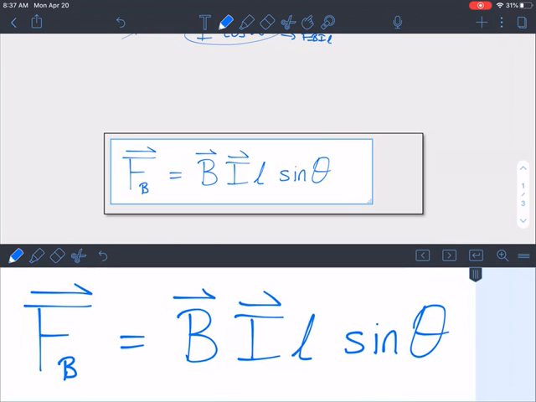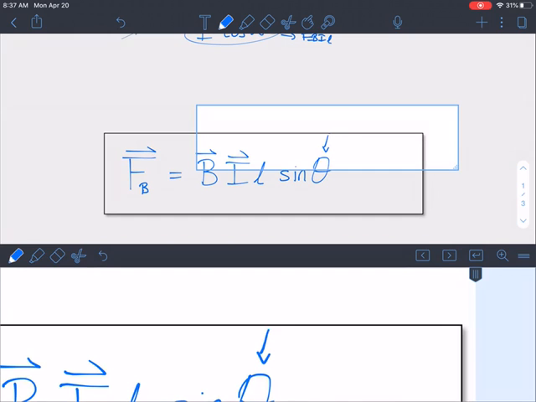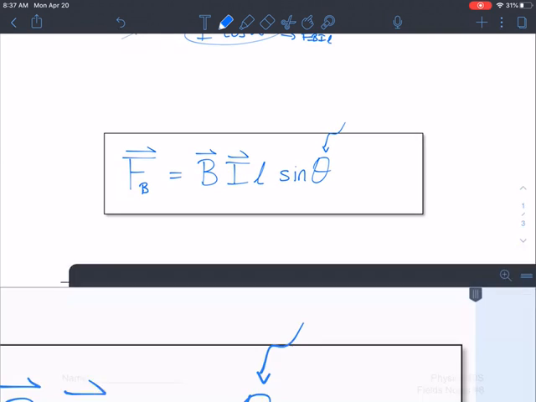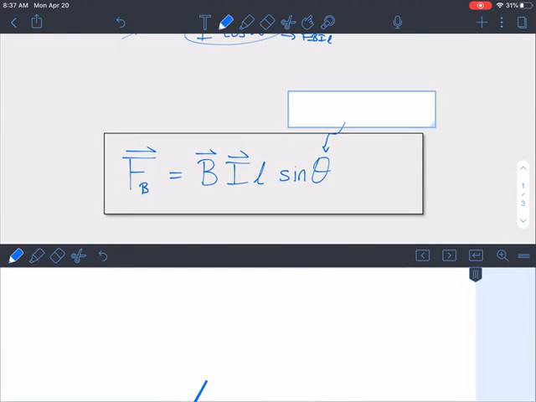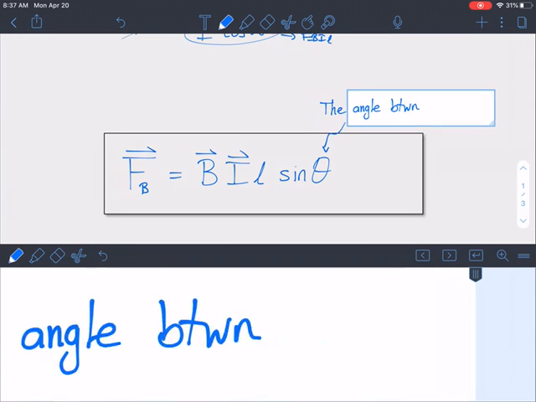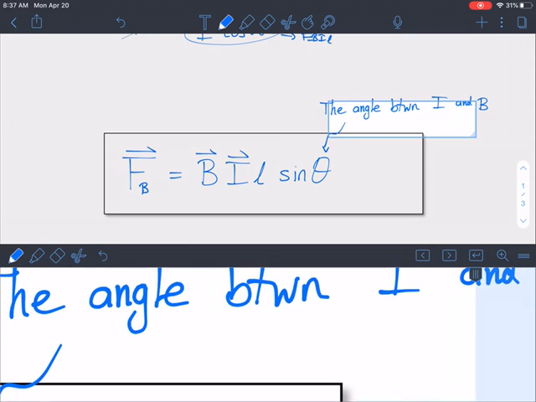And what theta is, so we're very familiar with this formula, but what theta is, and this is super important, theta is the angle between I and B. Now this is important, and it's so easy to get mixed up with this.